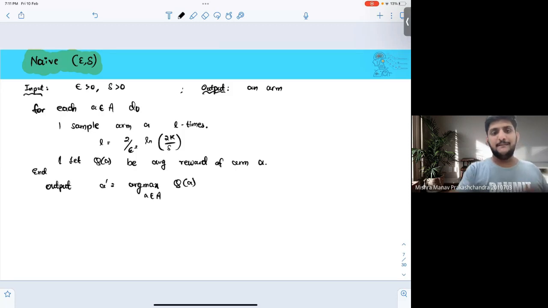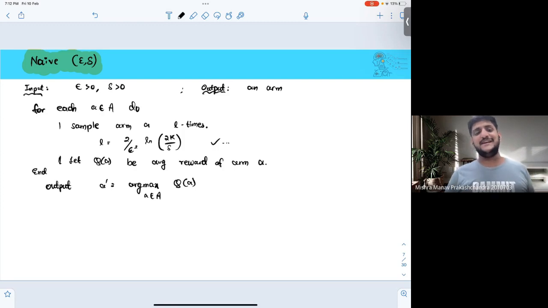Okay, so what my naive epsilon delta algorithm tells me is that I give some input quantity epsilon and some input quantity delta, which are positive numbers, and the output I expect is the optimal arm. So for each possible action in the action space, I pull each arm L number of times. Here L is basically this magic number.